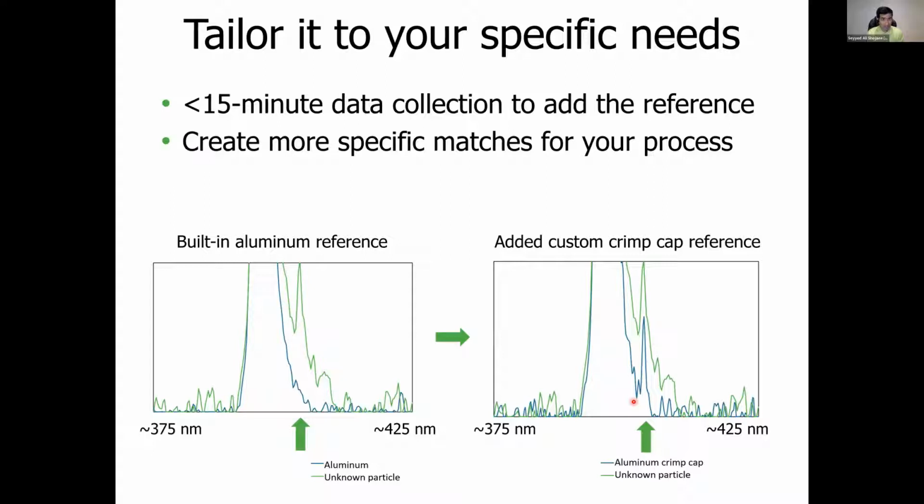That way we would know whether this aluminum is coming from the caps or if it's coming from somewhere else. The whole process of adding this new reference to our library takes just a few minutes.